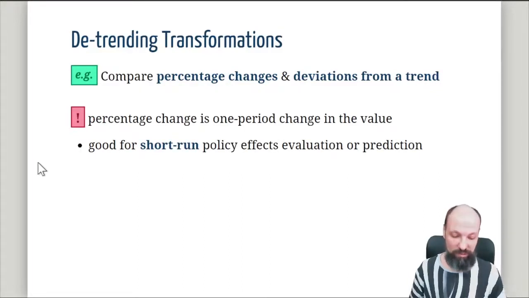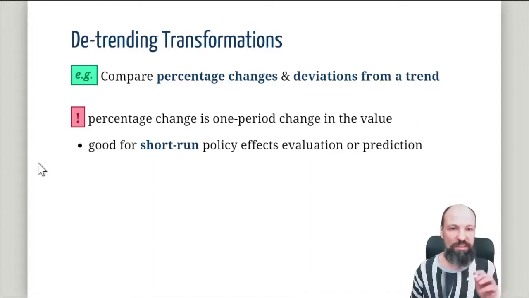soon. But basically, if you see that something grows linearly or exponentially, and you imagine, okay, on average the trend is this, let's just take as a stationary transformation what is fluctuating around that trend.